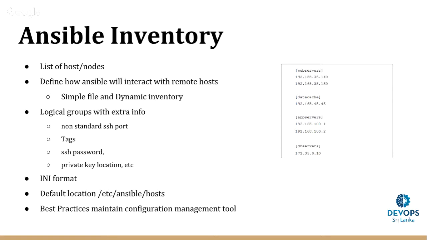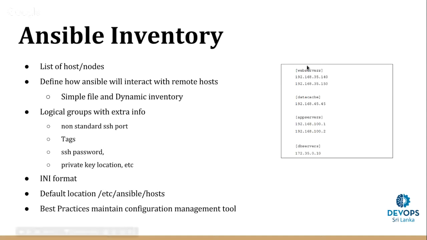So this is about one of the most important components of Ansible. It is the Ansible inventory. So what you can see here is a sample inventory. The inventory is like a location where we can group the set of servers that we want to be controlled by Ansible. There we can simply specify a set of server names that we are using to define the group, and then add the set of servers that we want to come under that section.